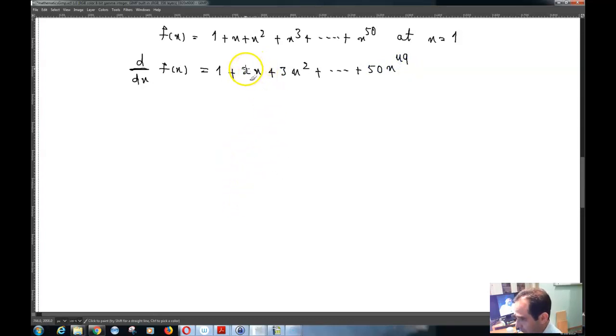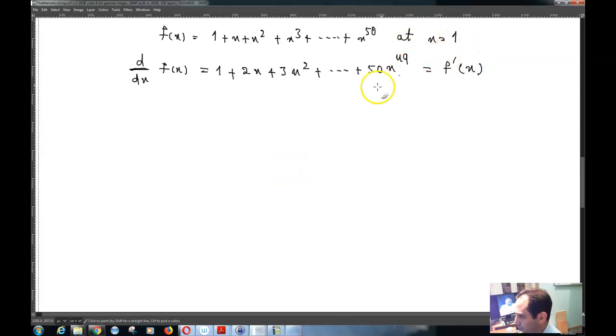And these are basically 50 terms, right? Now, this is f prime of x.